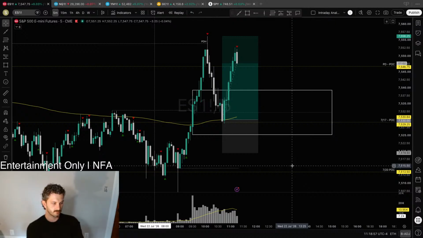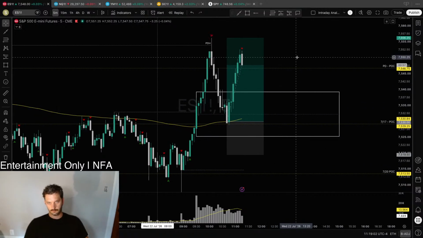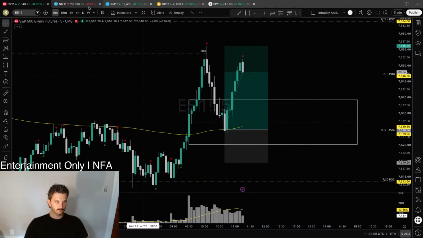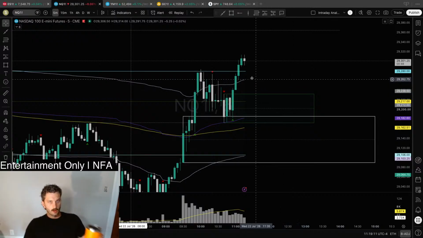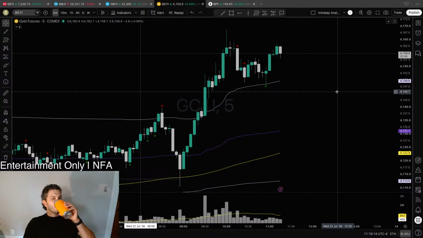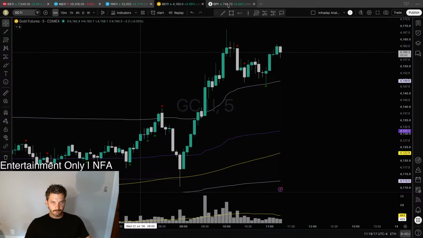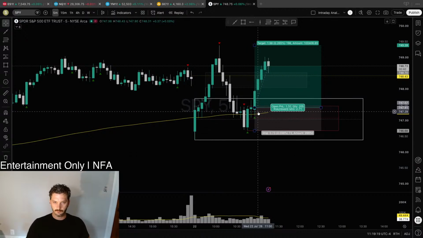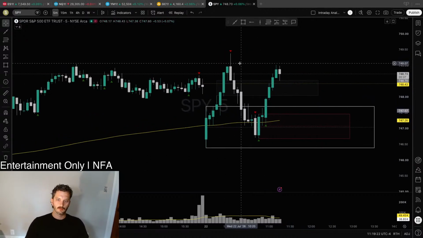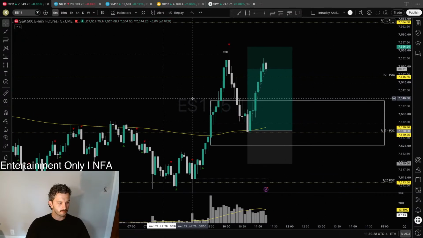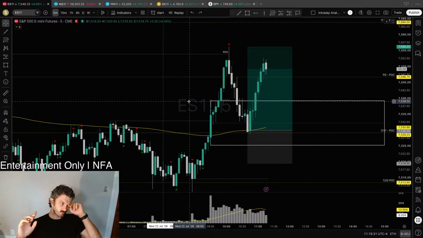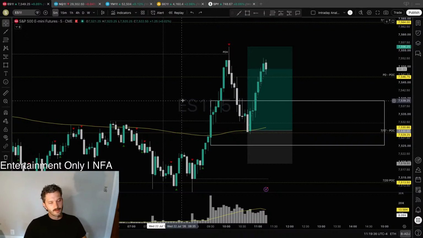Some people joining in. What a crazy, I don't know. It's interesting price action today. Bet you if someone was trading 1 minute range trades, probably be printing right now.